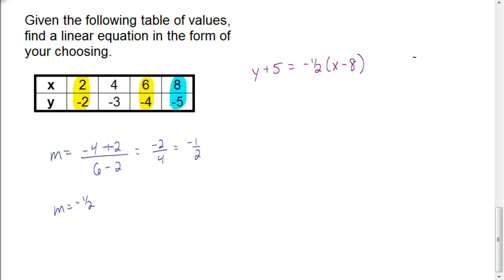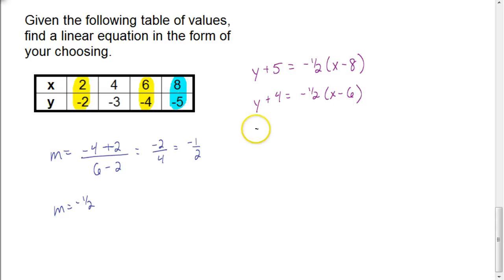Now, depending on the points you would have picked, you could have had a different set of answers. You could have had, for example, if you would have picked the 6 and the negative 4, you would have gotten y minus negative 4 would have been y plus 4 equals our slope, negative 1/2 times x minus 6, and that answer would have been correct.